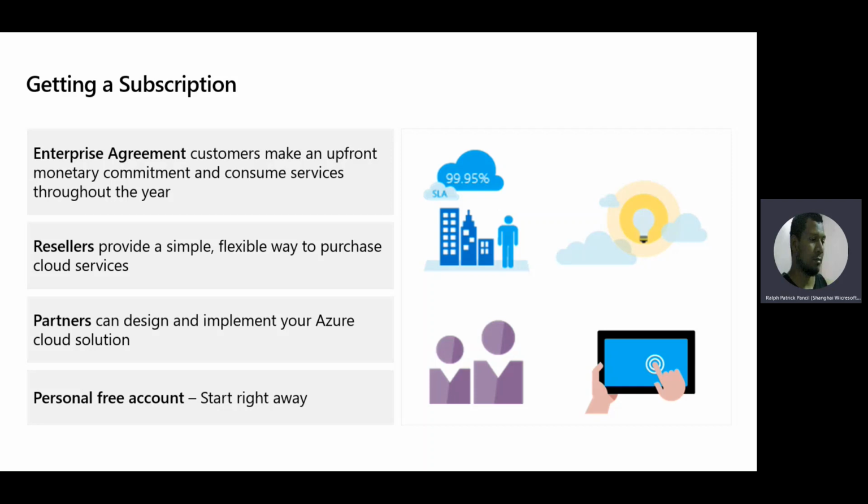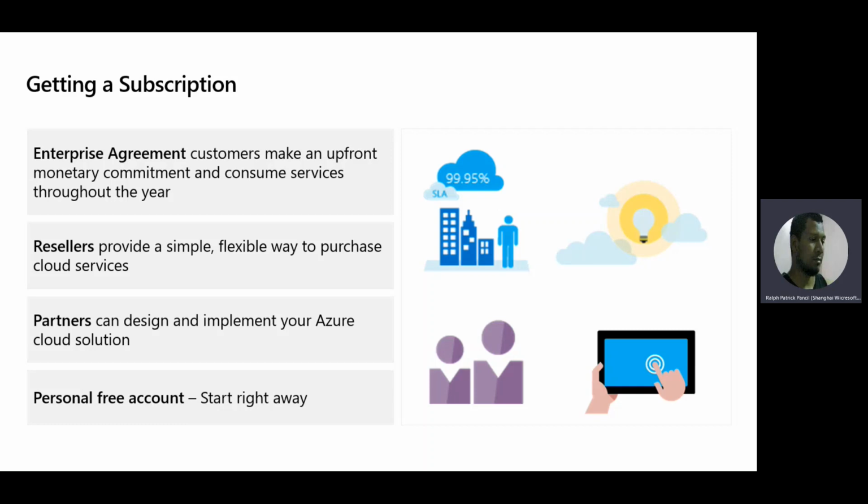These are the ways that you can get an Azure subscription and start working on those Azure services. When we say enterprise agreement, a customer can add Azure to their agreement by making an upfront commitment to Azure.